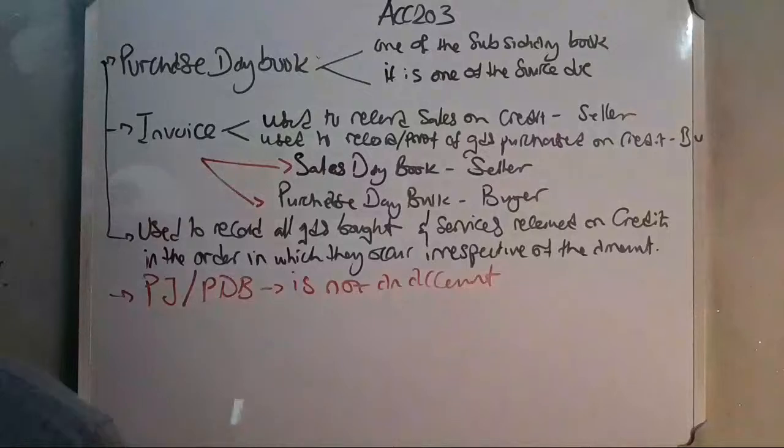Now, this is achieved for all credit purchases by crediting the supplier or seller accounts with the individual amounts of each supplier, and debiting the buyer.